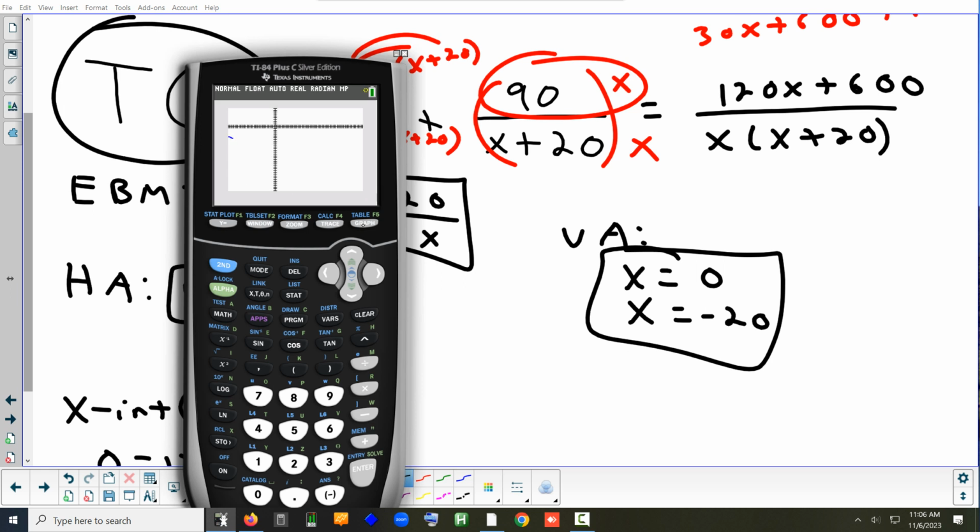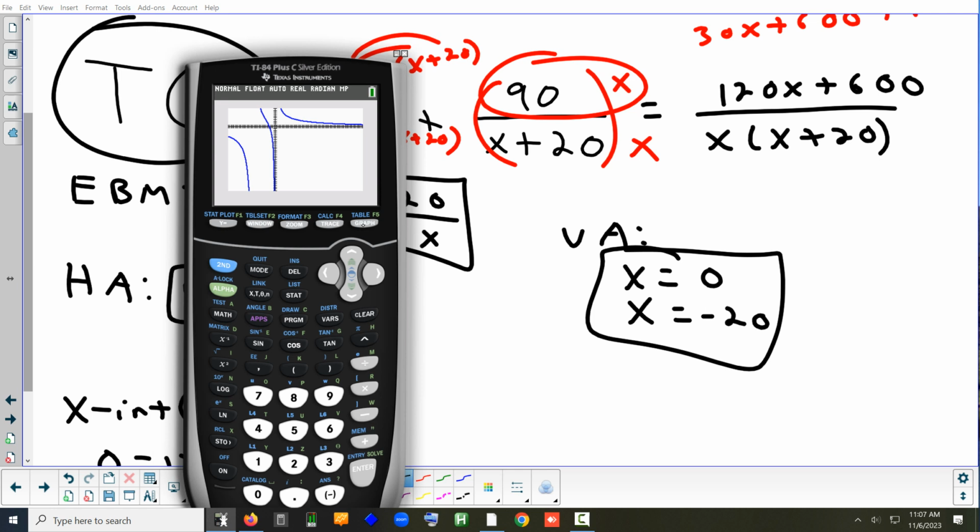I know there's a third piece, and there it is. That's good. I would say that's a good complete graph that shows the vertical asymptotes, and it shows all 3 pieces. If you want to set Ymax a little higher, you could, but you're not going to see anything interesting. Both those pieces are just going to keep going up.